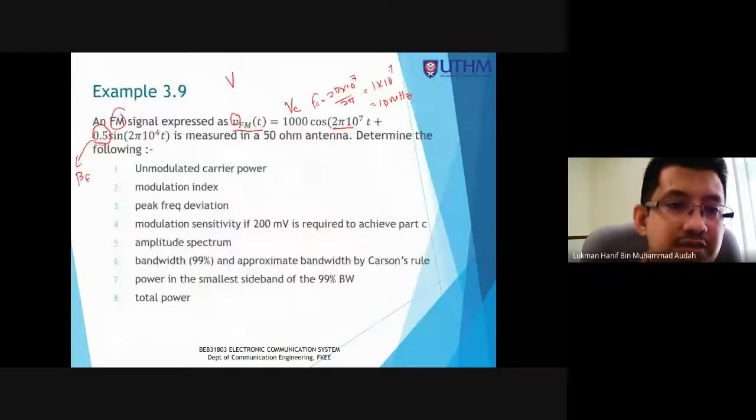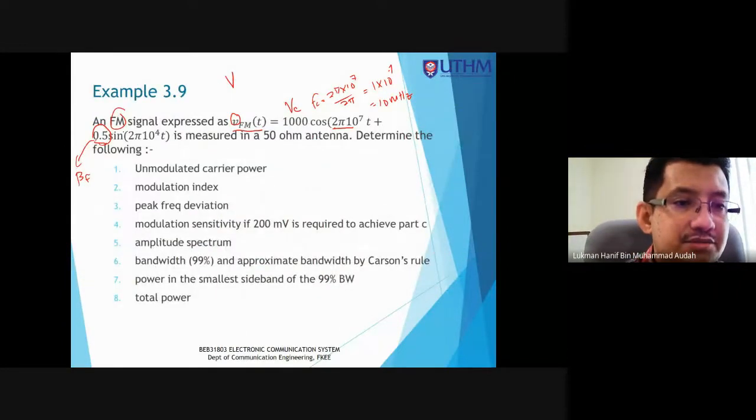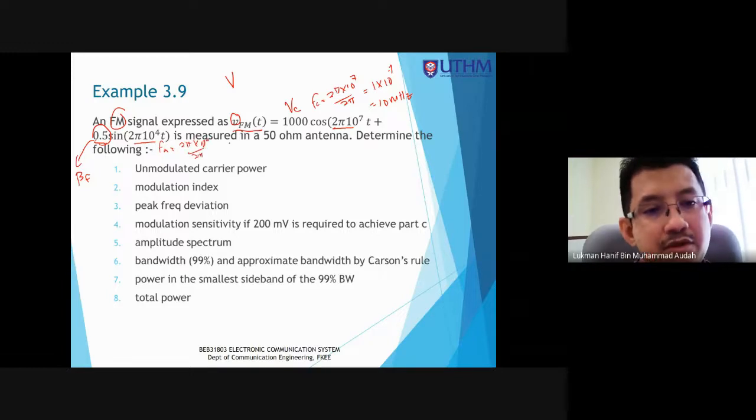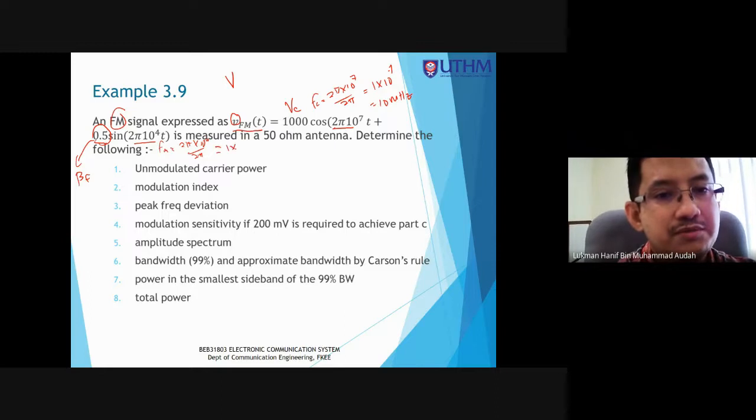I go back to the slide. So here, this is beta. From here, I can determine how much is Fm. So Fm is equal to 2 pi times 10 power of 4 divided by 2 pi. So this is actually 1 times 10 power of 4 hertz. Or you can write it as 10 kilohertz.